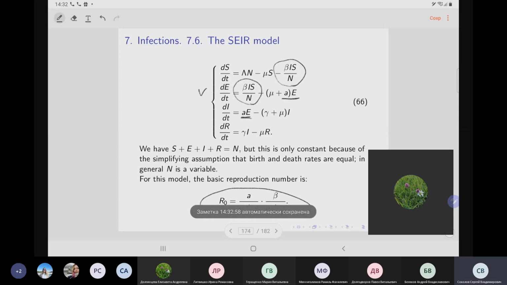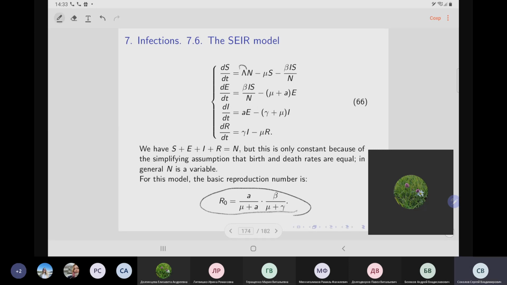There is a really huge number of different models that take into account a lot of features of diseases, of the population, and so on. But I want to add that there is a main problem for these models. It's really very hard to find all the coefficients. Look at this model.